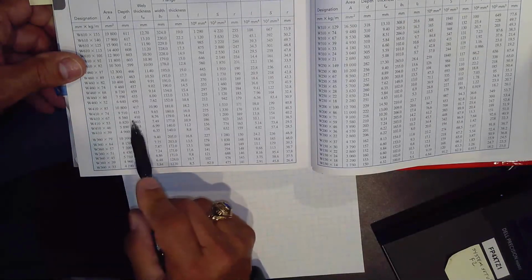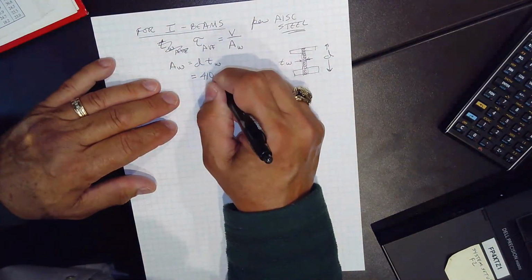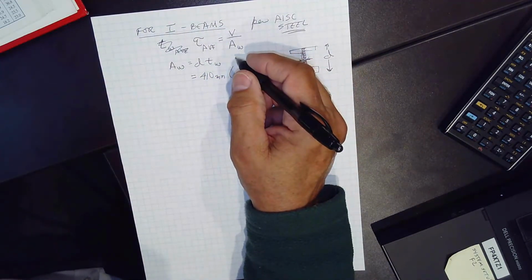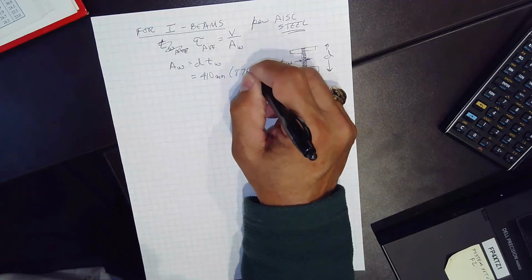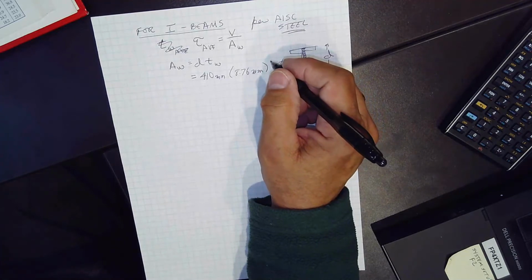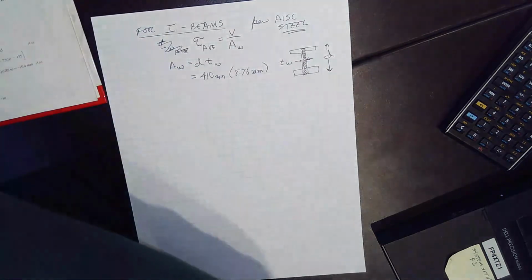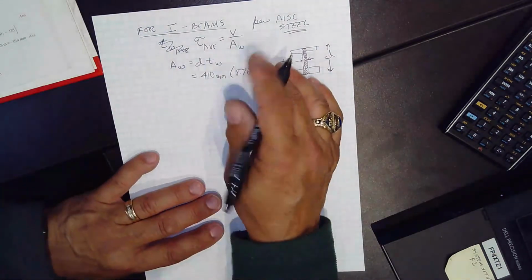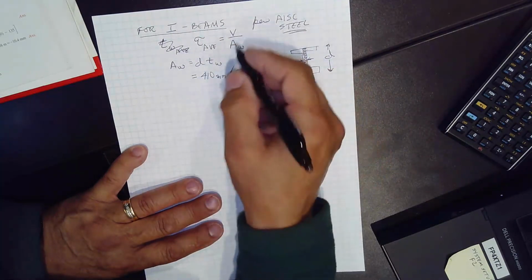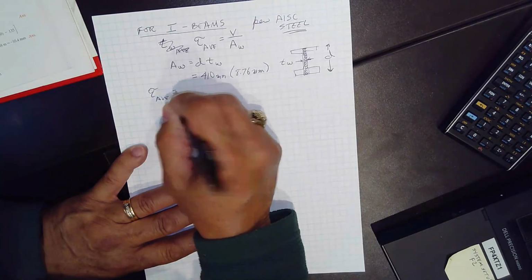Now, it's all based on what we selected. So it's going to be 410, that's millimeters, by 8.76, that's also millimeters, right? And now we multiply those together to get the area. I don't know what that is, but I'll figure it out here in a sec. And then we'll calculate tau average is equal to our shear.